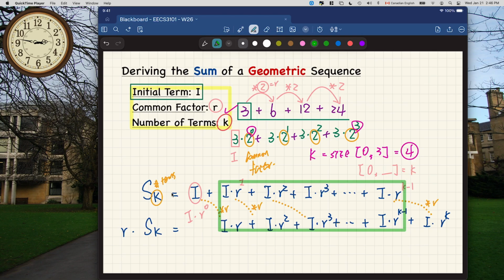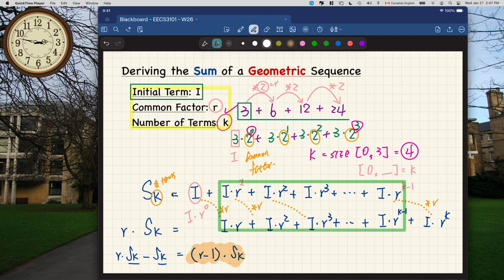So I'm going to say right here, r times sk, the second sequence, minus the first one. And first of all, I know sk is a common term. So I got r minus 1 times sk. All right? So this is something we can just remember.